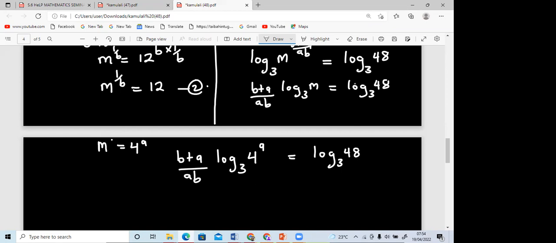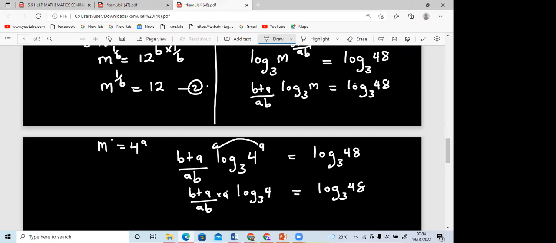So the next step I'm going to do is drop this a over here. So I have (b plus a) out of ab, then times a log base 3 of 4 equaling log base 3 of 48.